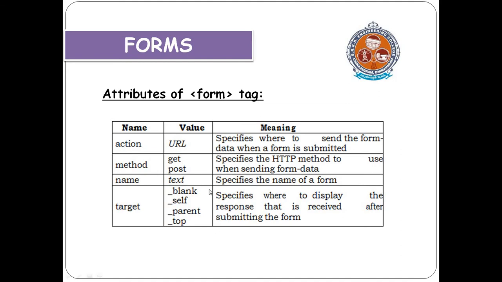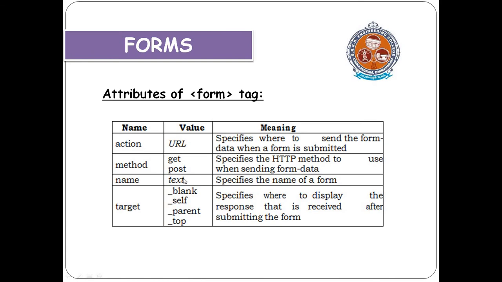Method is GET or POST. It is used for sending the data. It specifies the HTTP method to use when sending the form data. So that is the method. Name specifies the name of the form.